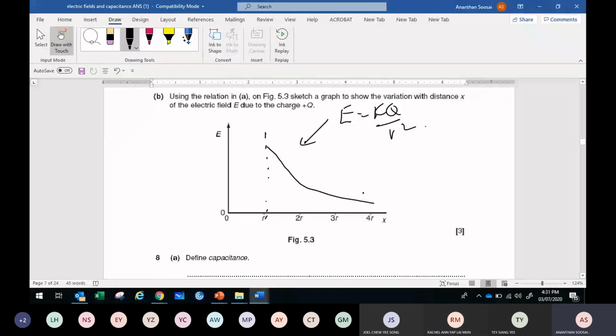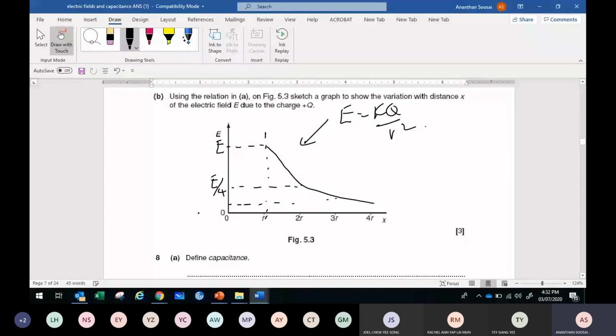Class, sometimes you have to be careful. Let's say the scale is provided. Let's say this is E at r. At 2r it should reach how much? E over 4, because 2r squared is 4. Then 3r should reach how much?